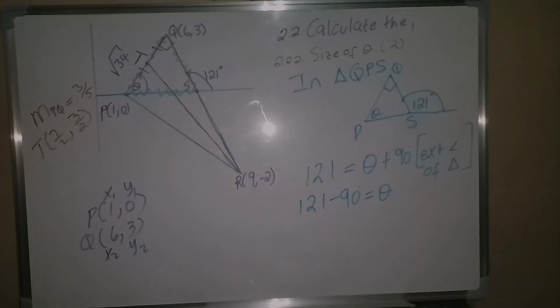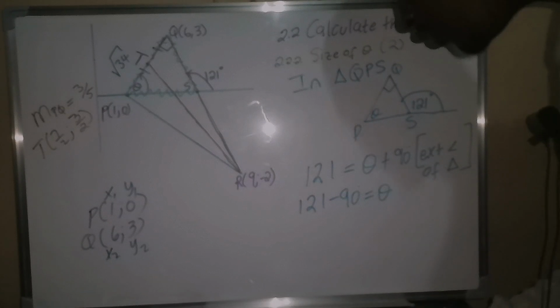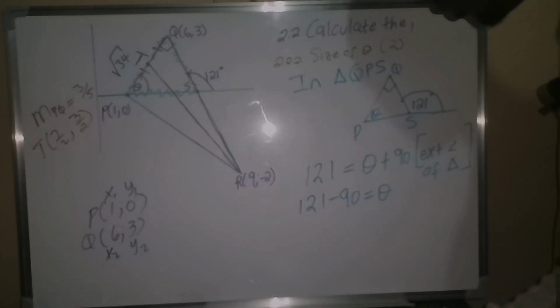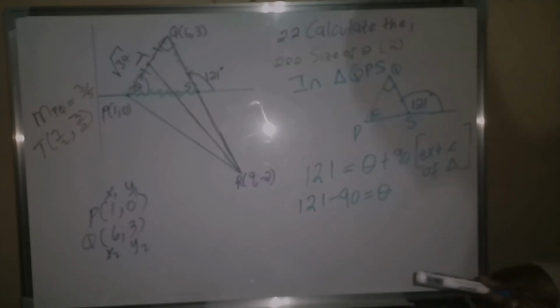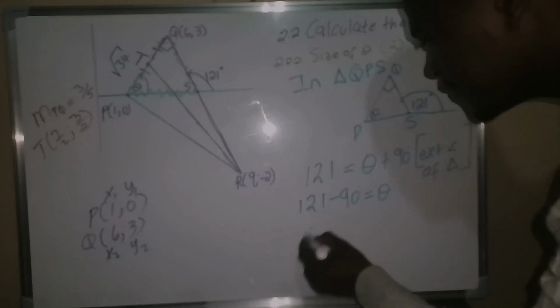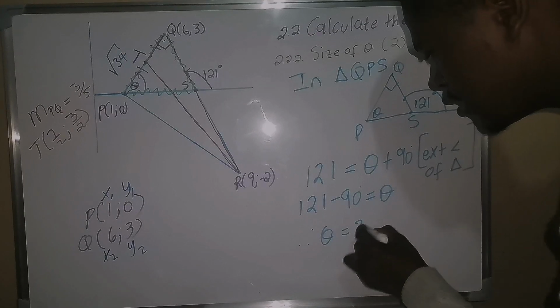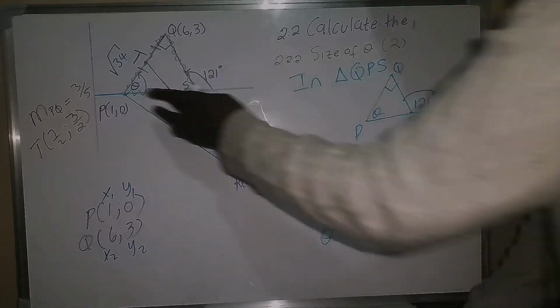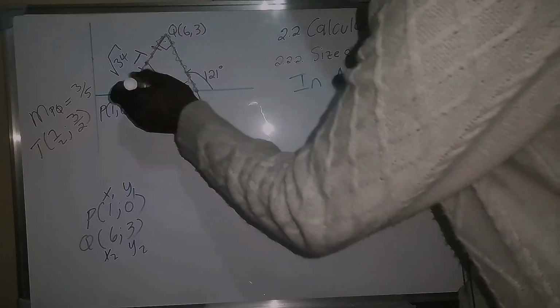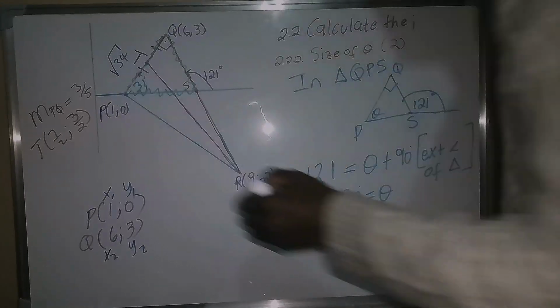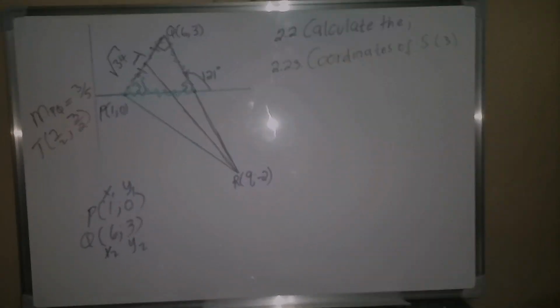So 121 minus 90 is 31 degrees. Therefore, theta is 31 degrees. That means this angle here is 31 degrees. Then calculate the coordinates of point S.